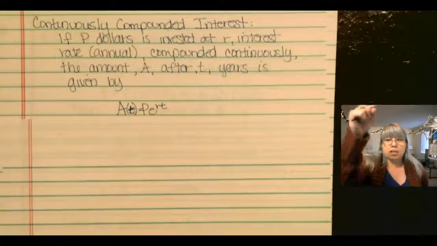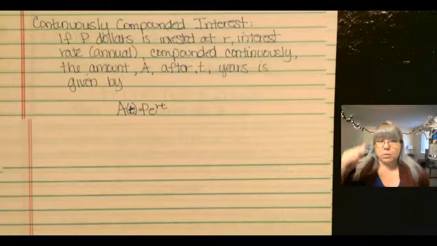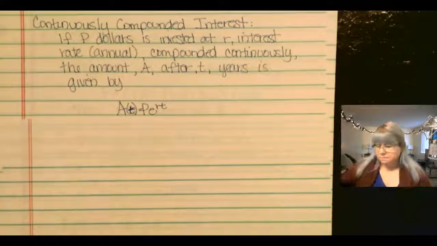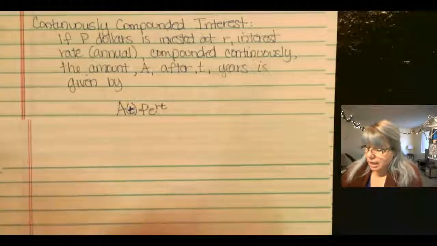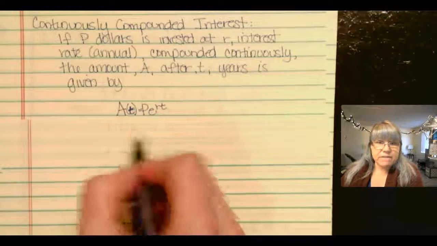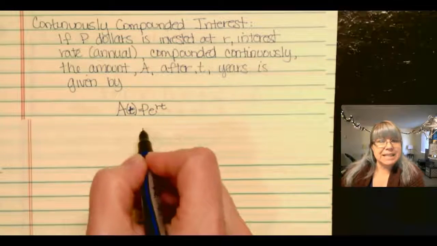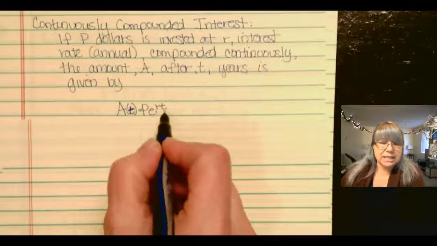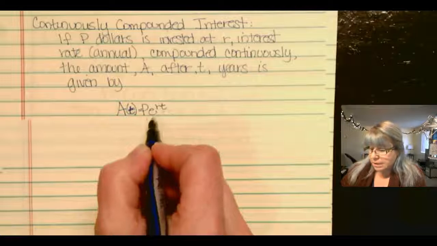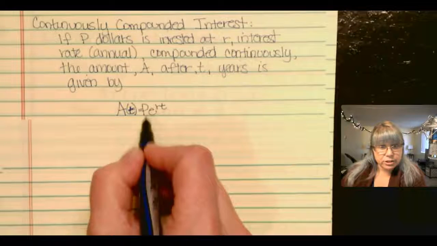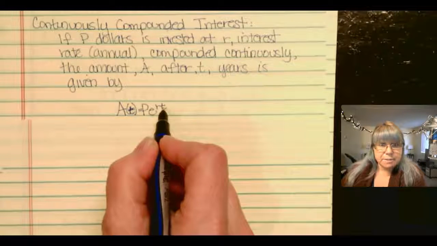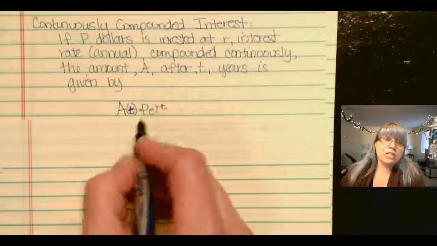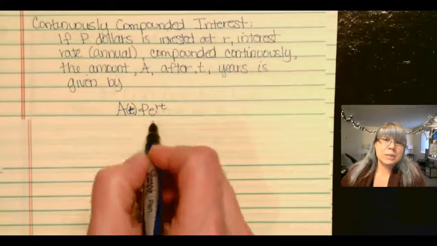And then after a while, it grows fairly quickly. Right? It's an exponential function. So we actually have a formula, I like to call it PERT, P-E-R-T. Principal, e as in our special letter, to the rt.